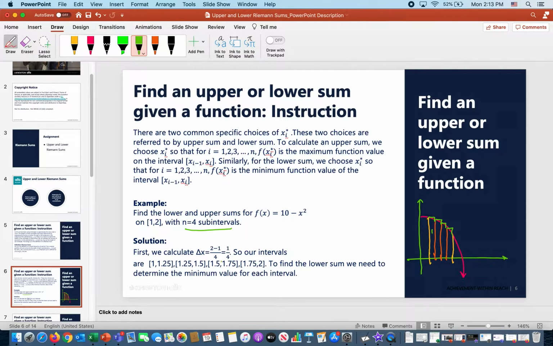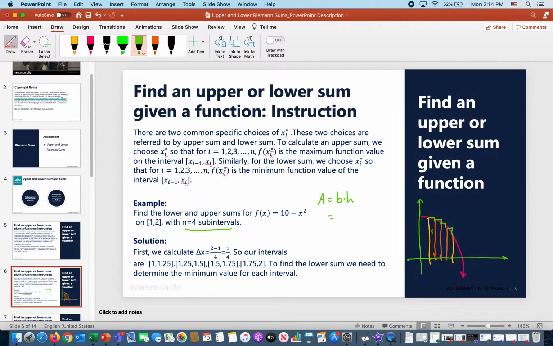Now the first thing we want to do is remember that to find the area of a rectangle, we're going to use the formula base times height. The base in our problem is going to be whatever that width is between each of those x values. So we said that we're going to have the interval from 1 to 2, and there are going to be 4 rectangles.